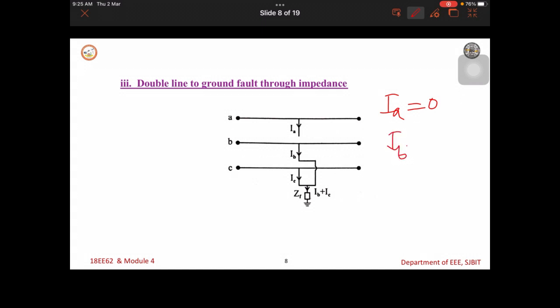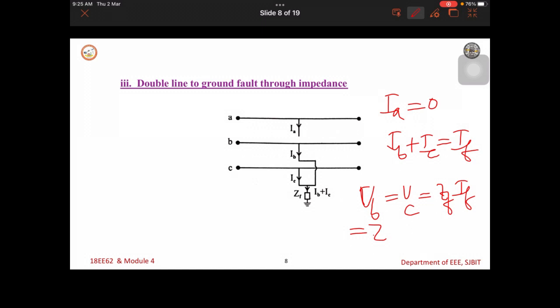IB and IC add to give the fault current. Vb is equal to Vc is equal to Zf into If, or it can be written as Zf into Ib plus Ic. Our aim is to get the expression for Vb, Vc, and then the expression for Ib plus Ic.